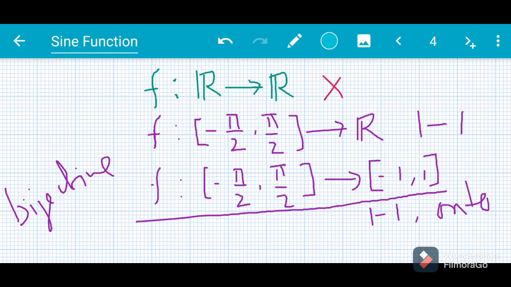So this sine function is bijective, not that sine function. Remember, two functions are the same only if their domain is the same, codomain is the same, and the definition gives the same value. Here the definitions give the same value, but the functions are not the same because I have changed the domain and the codomain. So this sine function is bijective.